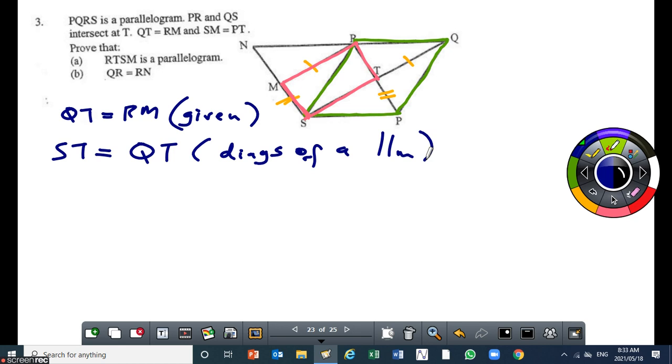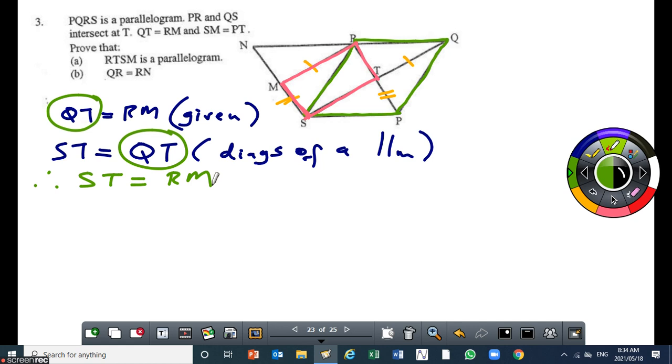Now, because both of these statements have got QT, I can come up with a conclusion and say, therefore, ST is equal to RM. That's a deduction that I'm making based on these two statements. So now I have proved that RM is equal to ST.